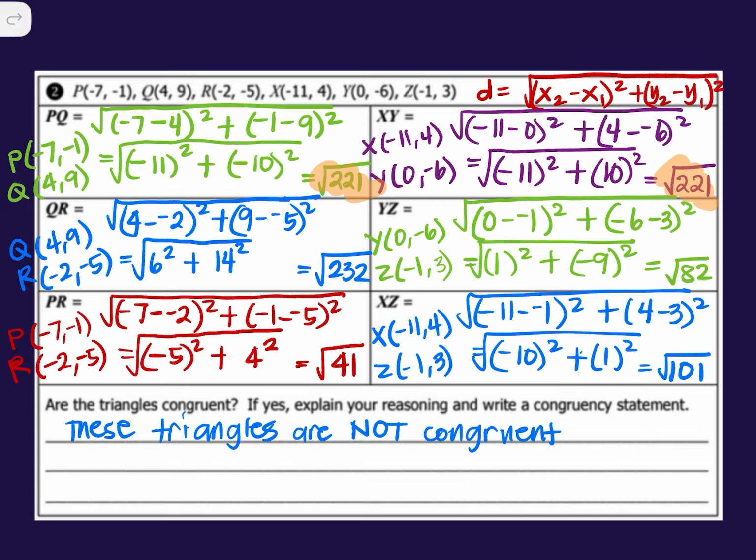Why are they not congruent? Because they do not have 3 pairs of congruent sides.